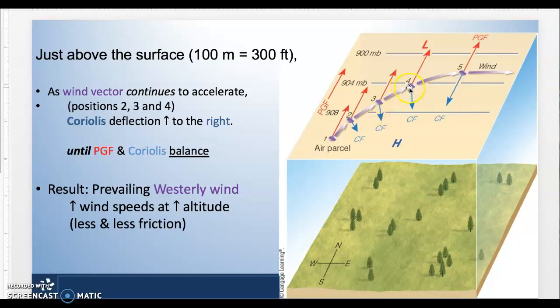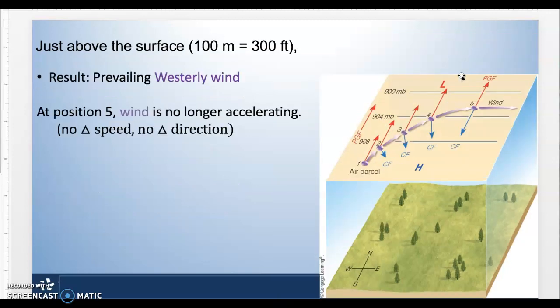You will continue this rightward movement until the pressure gradient force and the Coriolis force balance each other out. When they balance each other out, you will find that the wind is no longer accelerating. It's no longer changing speed. It's no longer changing direction.